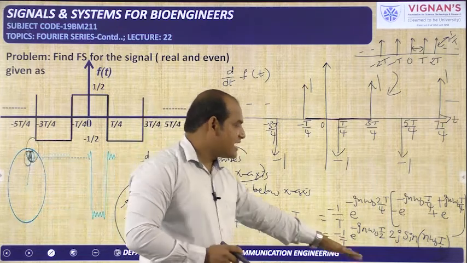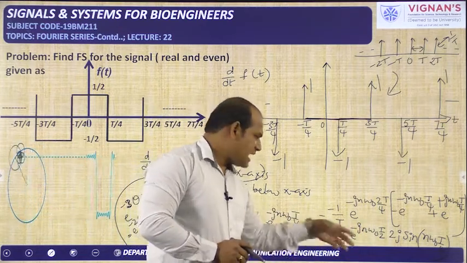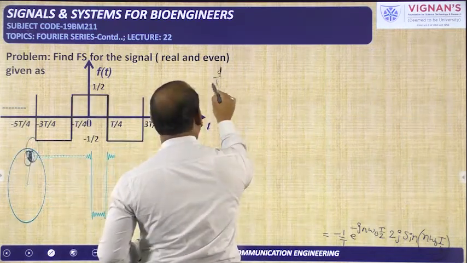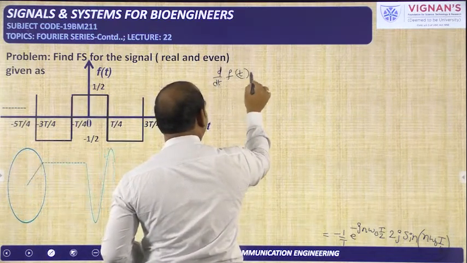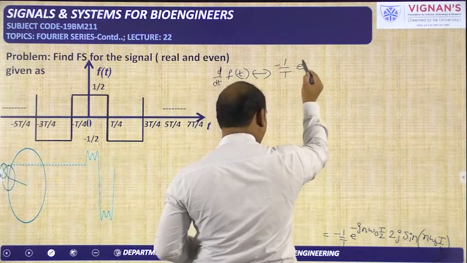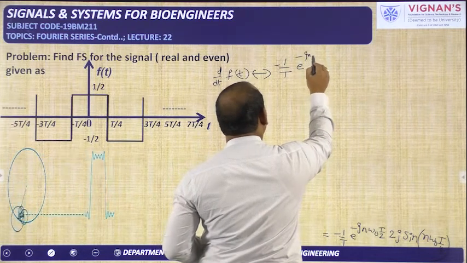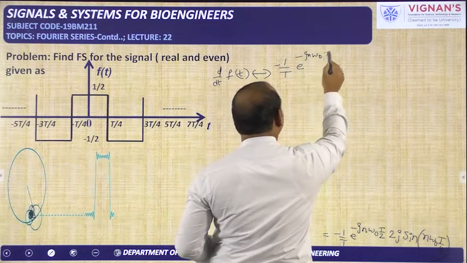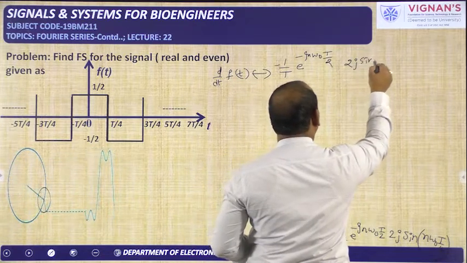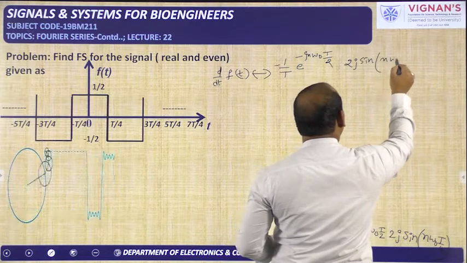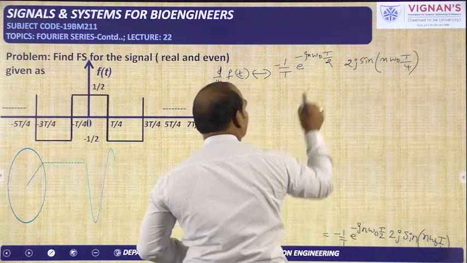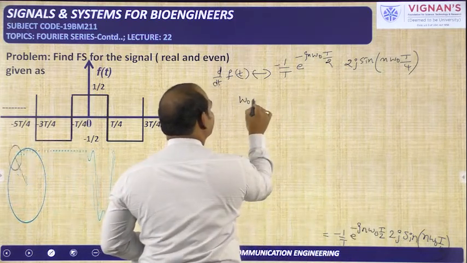For this one we did the analysis and got this coefficient, and we can reduce it. So for d by dt of f of t, we calculated the coefficient, that is minus 1 by T e power minus j n omega naught into T by 2, and here 2j sin of n omega naught into T by 4, like this we got. Now this part I am calculating, omega naught into T by 2.